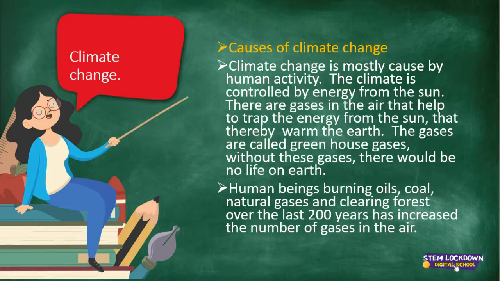So this is how human beings have contributed to making sure that this process changes. Human beings burning oil, coal, natural gases, and clearing forests over the last 200 years has contributed to the number of gases in the atmosphere rising. So basically, we have contributed to the number of these gases filling the air, which changes the formula in the air. This changes then the weather.